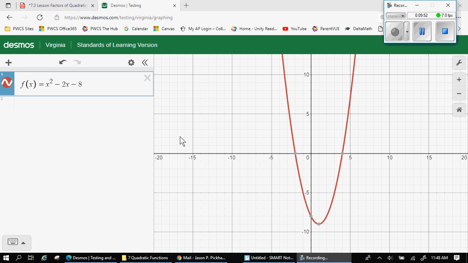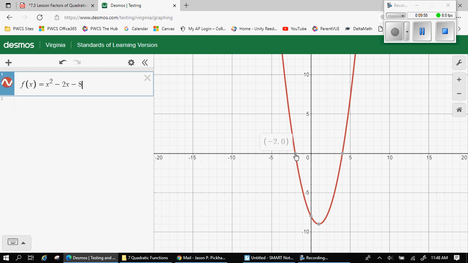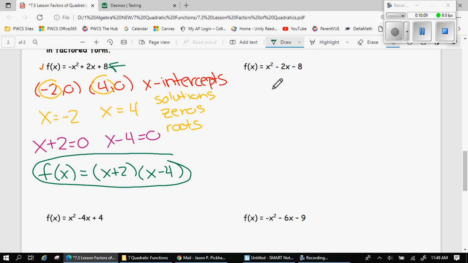Here I've graphed the next one, x squared minus 2x minus 8. You can see it shows some points where it crosses, and we can pick those points off. Negative 2, 0, 4, 0.